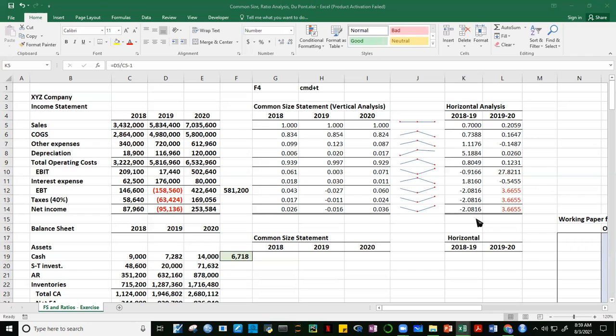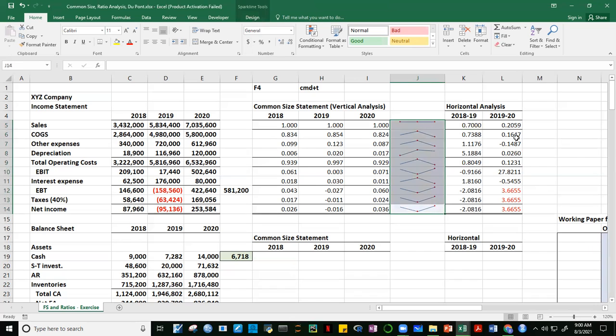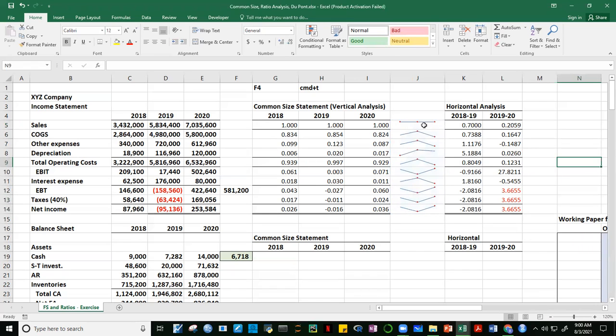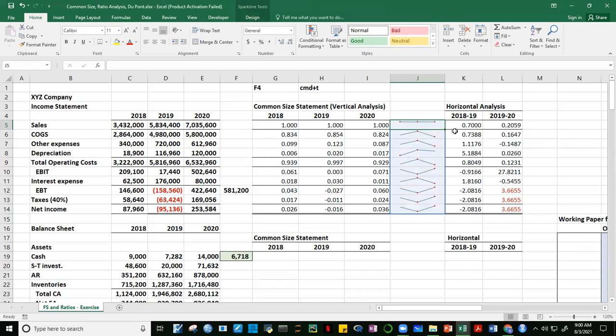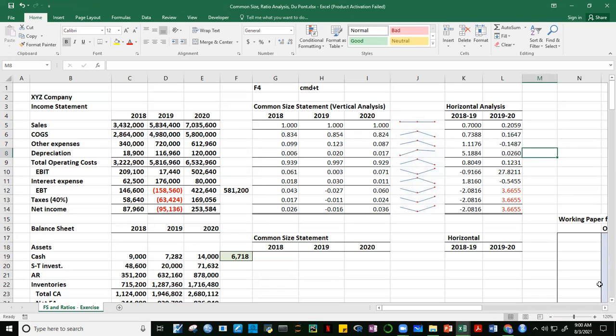Khalil, iba yung lumalabas sa graph. Saan? Dito sa spark lines. Khalil, can you unmute yourself, please? Sir, yung mga graph po na based on the ratio. Spark lines? Opo. Sige, ulitin ko. So let me delete this. Okay. Wait. Sir, kanina pa po yung chat ko nung negative po yung 2019 to 2020.